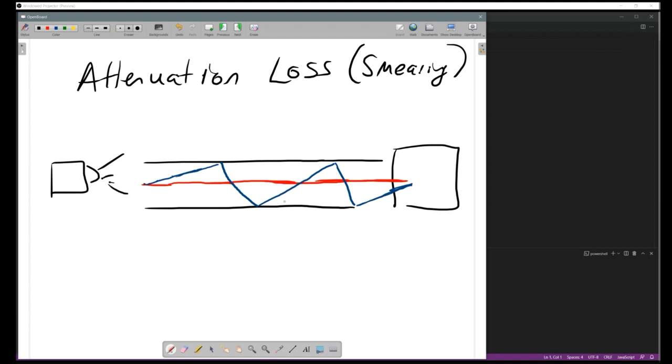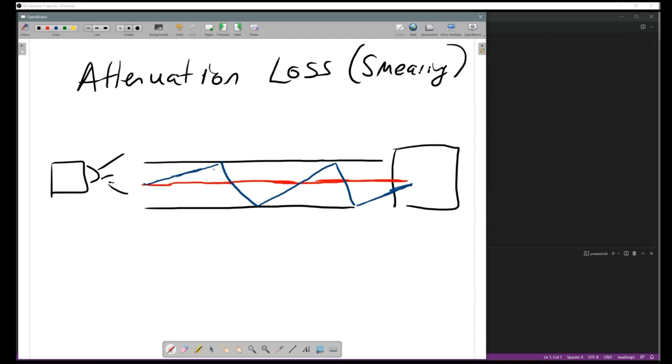The question is, what arrives first? A perfectly straight path, or one where we're bouncing a bunch of times? Obviously the straight path has a shorter distance, and the one that bounces back and forth would be slower.